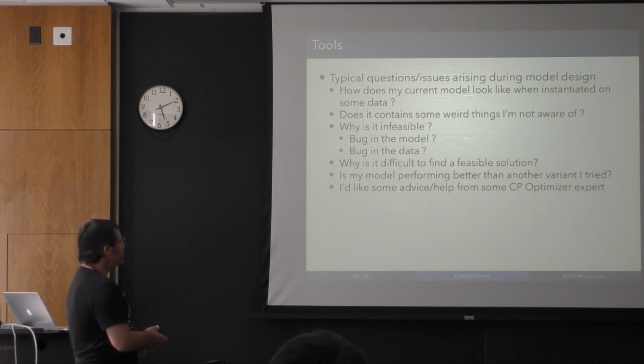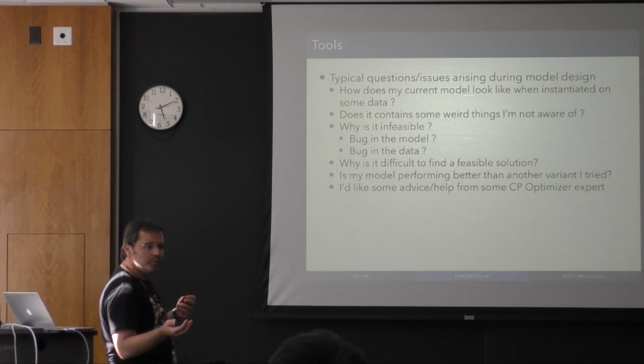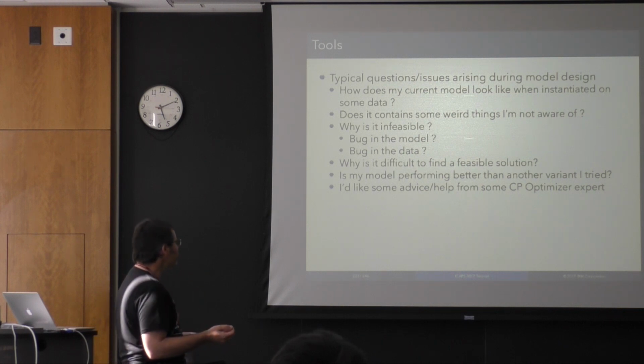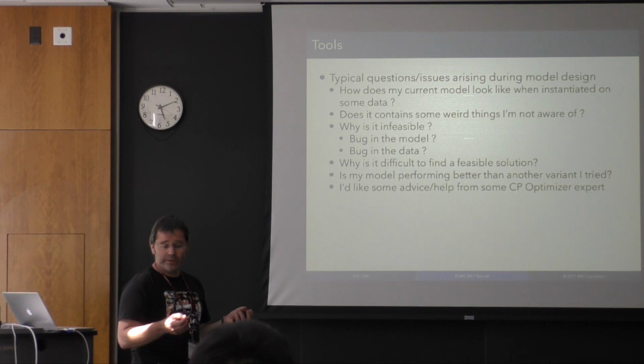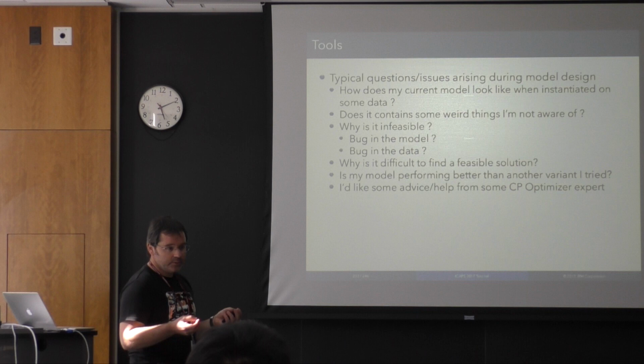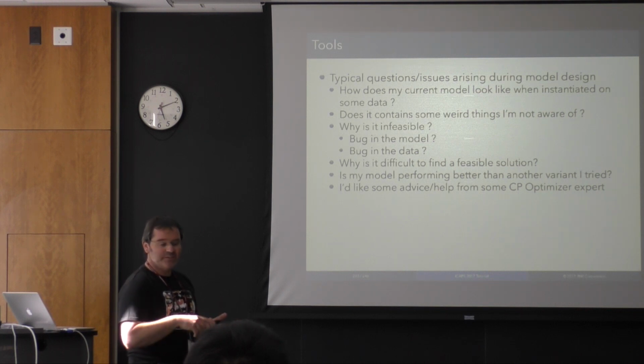Another type of question: I have two variants of my model, and this is a very important question. I'm working on the model, I'm trying to improve it. I have two versions of the model. Which one is better than the other one? It happens with students quite a lot. They don't understand why making this change is better. It happens to the students, it happens to us.